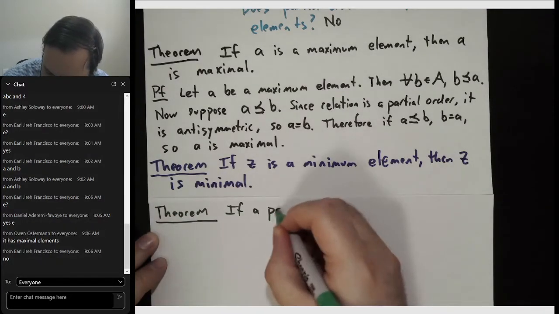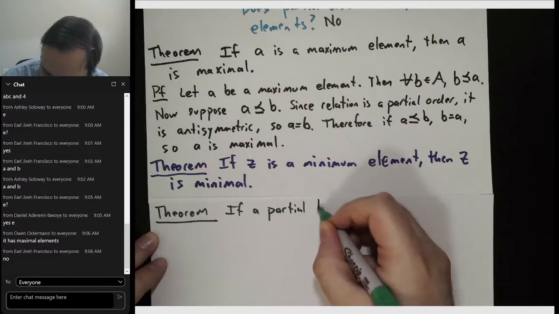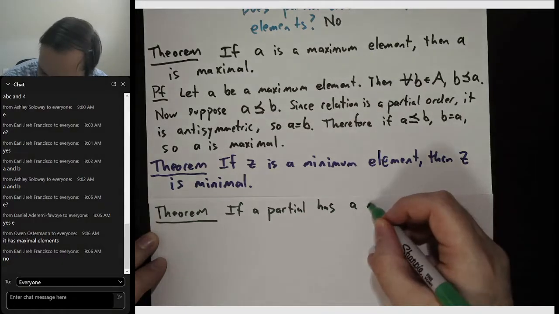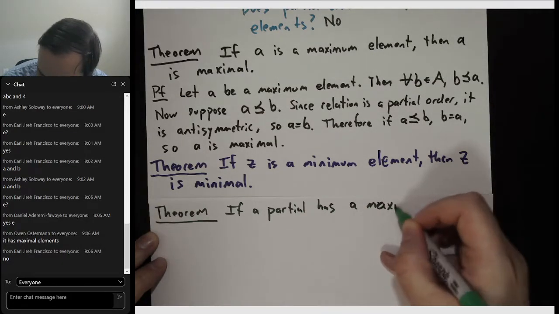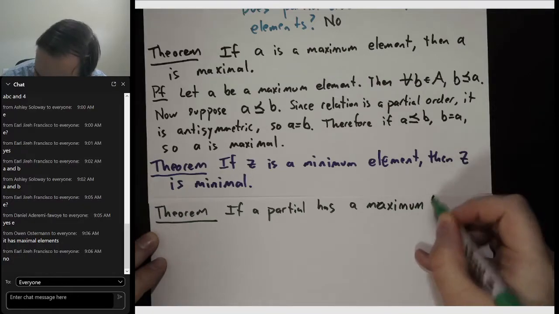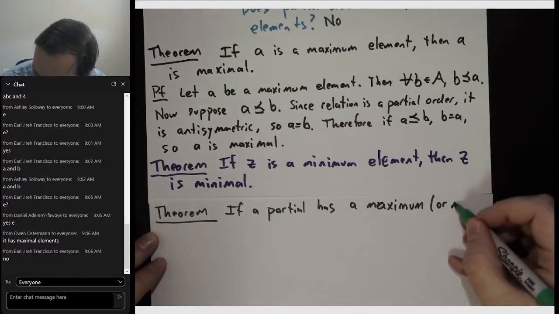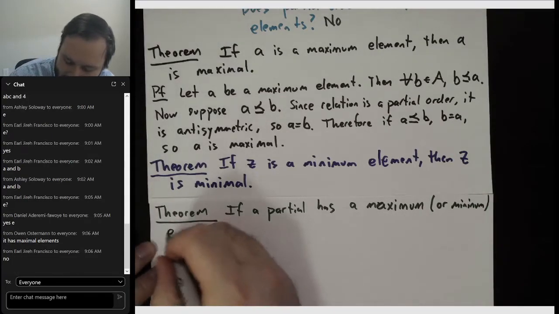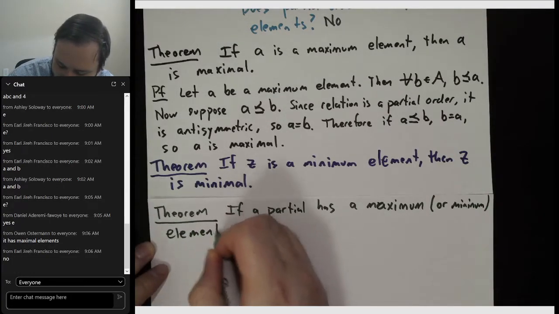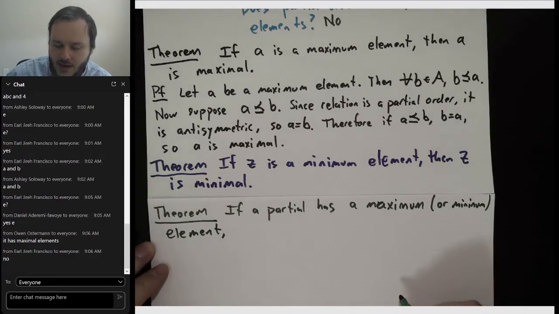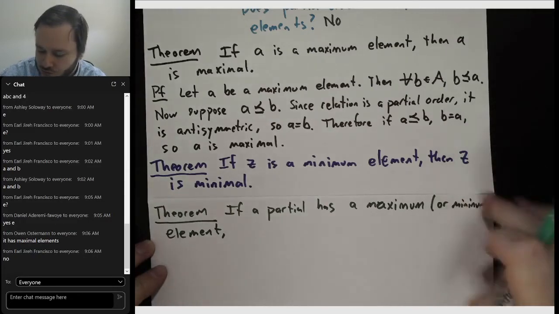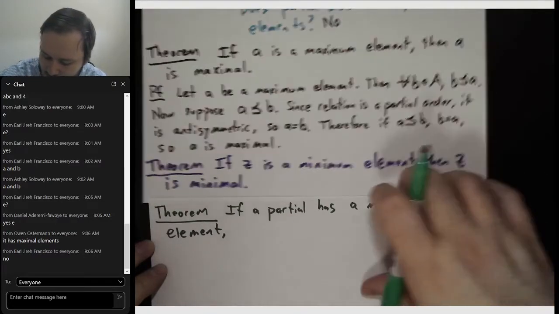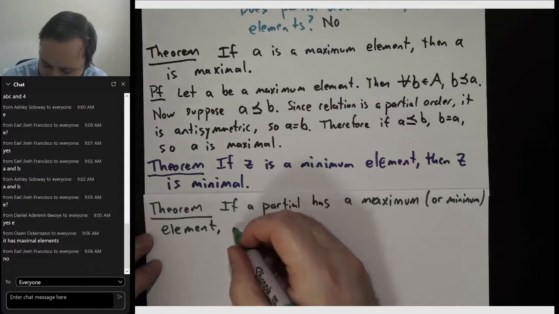If a partial order has a maximum, and then in parentheses I'm going to say or minimum element, then there's only one. You can't have two maximum or two minimum elements. It is unique.